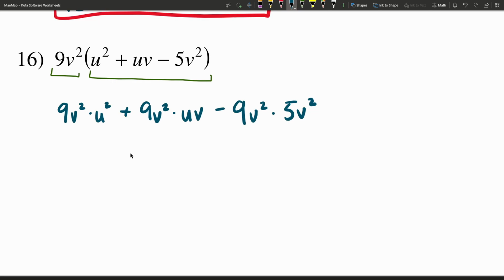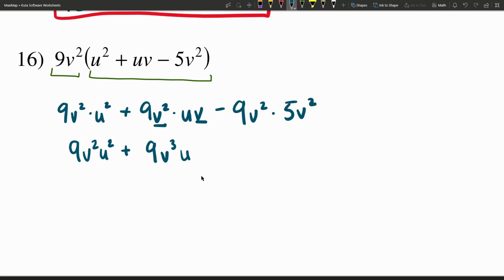So doing out these last multiplications on the worksheet, we have 9v squared times u squared. Nothing can be combined there. So that's going to remain as a 9v squared u squared. And then we're going to add 9v squared times u times v. v squared can be combined with v to give us v cubed, because we're multiplying v times v times v. So we're going to have 9 times v cubed times u.